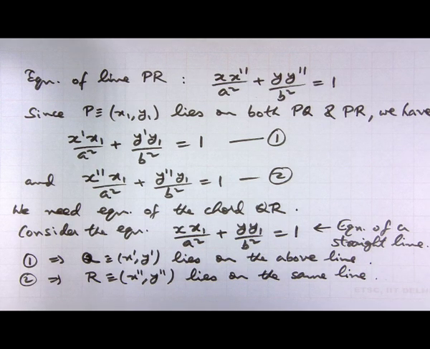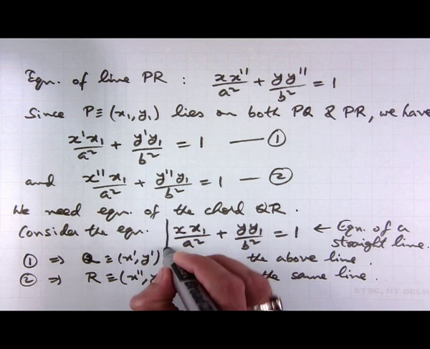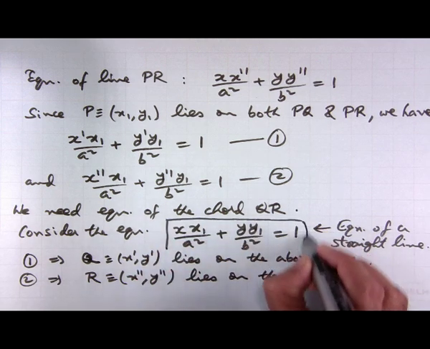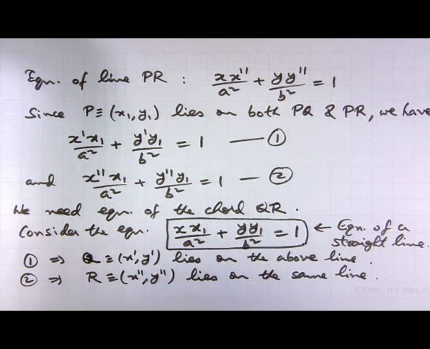Now, there is a unique straight line passing through any 2 points. Therefore, this equation is nothing but the equation of the line joining Q and R.